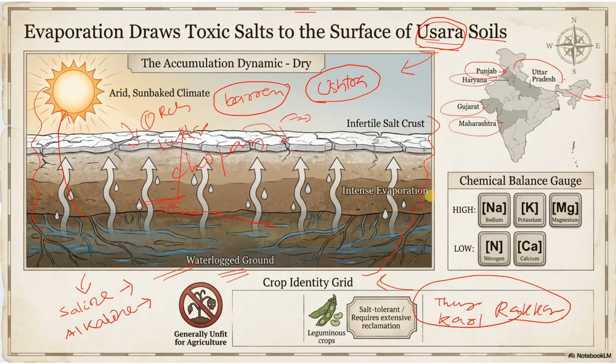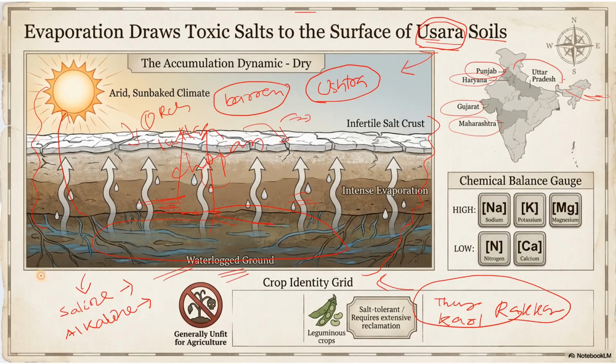Okay, so what happens because of the high temperature and low rainfall, the evaporation exceeds the precipitation. And then the groundwater carrying dissolved salts is drawn to the surface via capillary action.